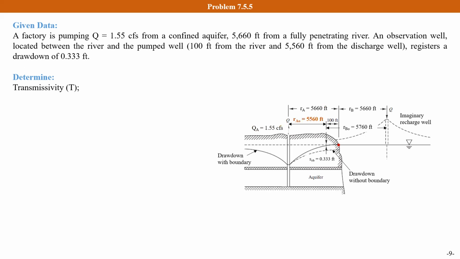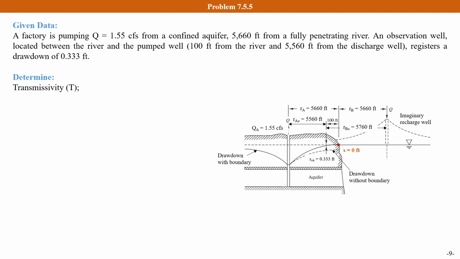The drawdown at the observation well is 0.333 feet. Based on the given information, because at the boundary the surface is connected to the surface of the river, the drawdown at the point we are interested in equals 0.